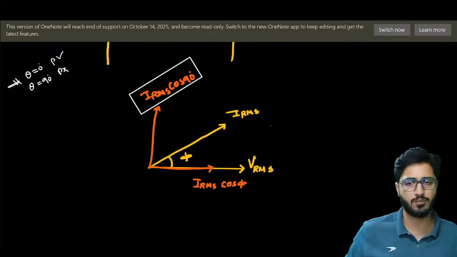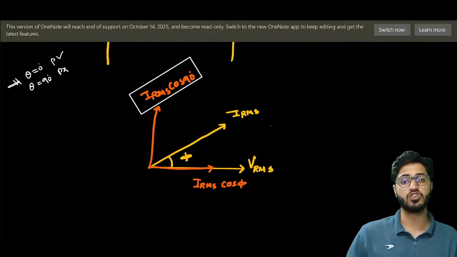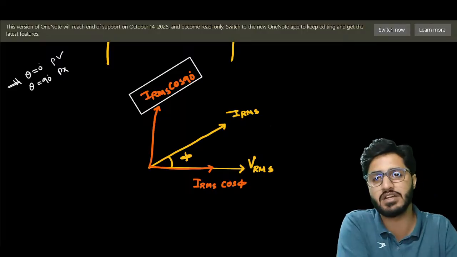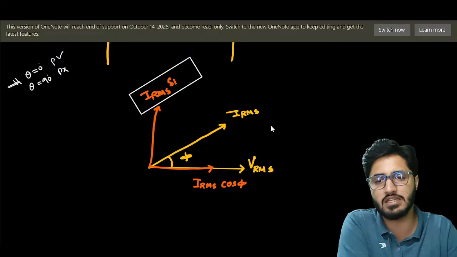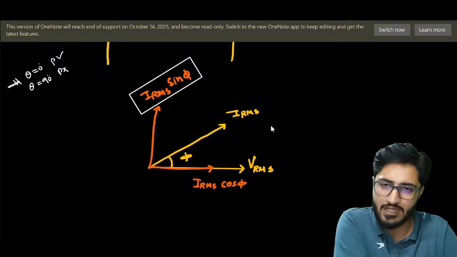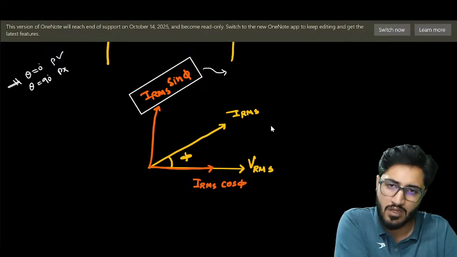So this particular part doesn't contain any power consumption. It is not cos 90, it is the sine component, sine phi. So this particular component doesn't contain any power. Now I will write here, no power consumption.